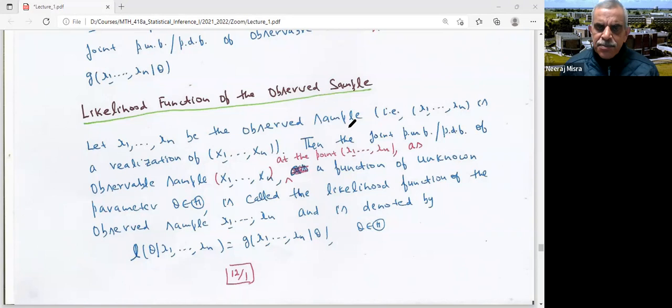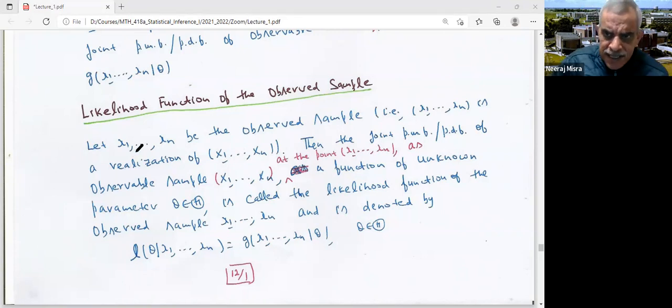So that means after the experiment has been conducted, I observe the sample as x1, x2, ..., xn. In other words, this small x1, x2, ..., xn is a realization of the random variables X1, X2, ..., Xn. Note that here the observed values are denoted by small xi, and random variables are denoted by capital Xi.